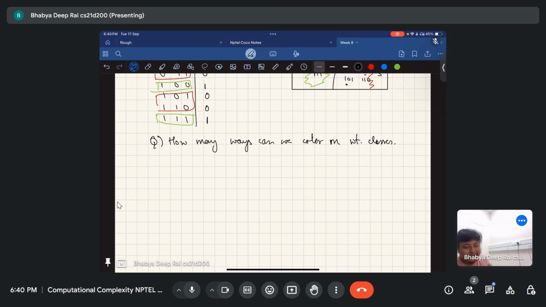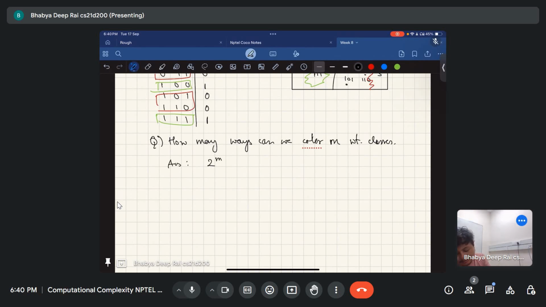Well, since there are m weight classes, you can color every weight class into either of two colors, which is red and green. So 2 ways. And how many of them are there? m. So 2 into 2 into 2 into 2, m many times. 2 to the m.